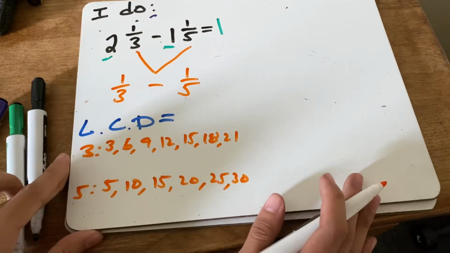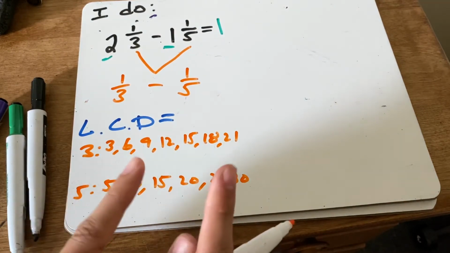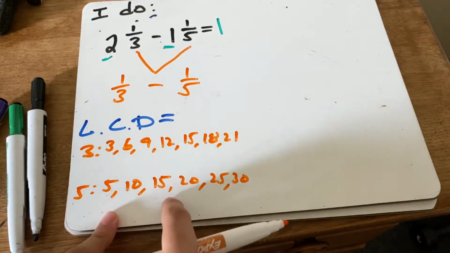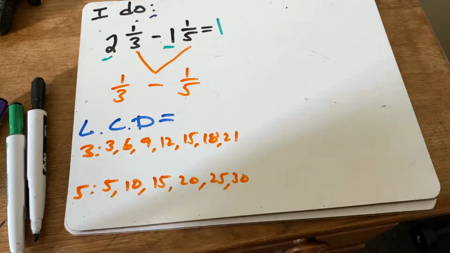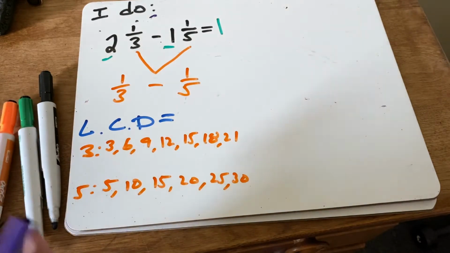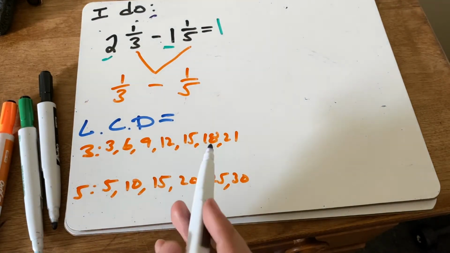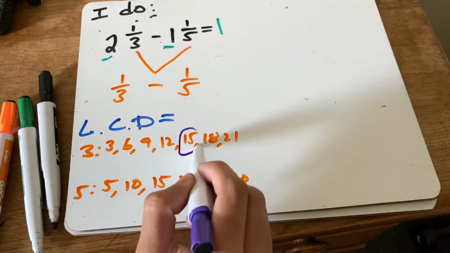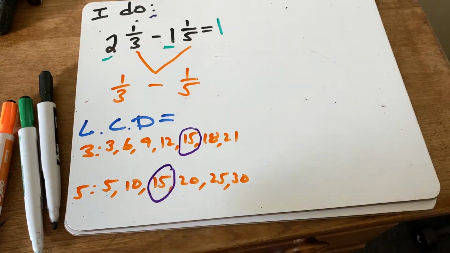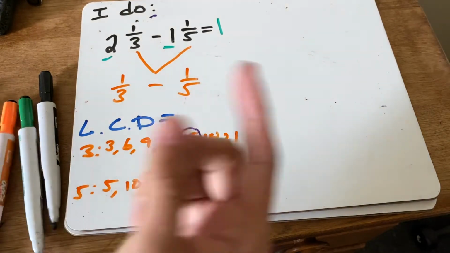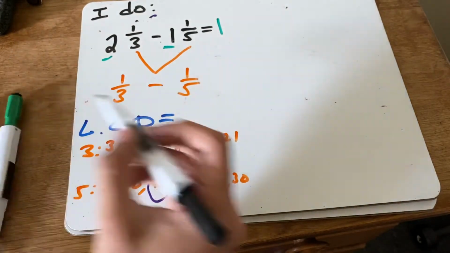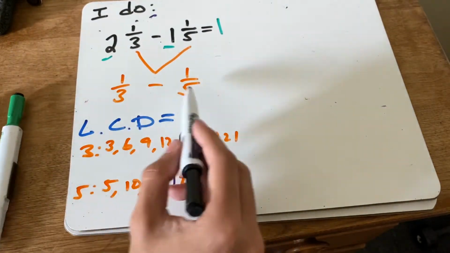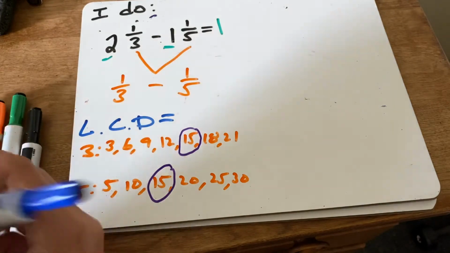Now, go ahead and try, pause the video, and see if you can find the number that they both have in common. Alright, so hopefully you were able to find it. It's 15, right? That's the first number that they both have in common. So what we're going to have to do is change our 2 denominators into 15.